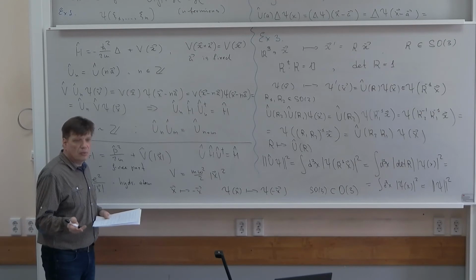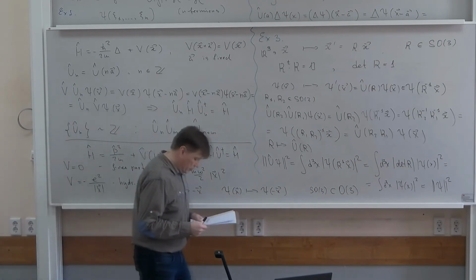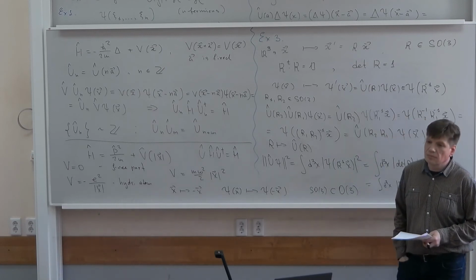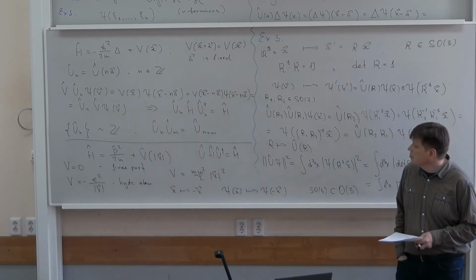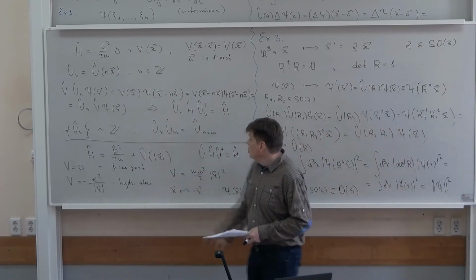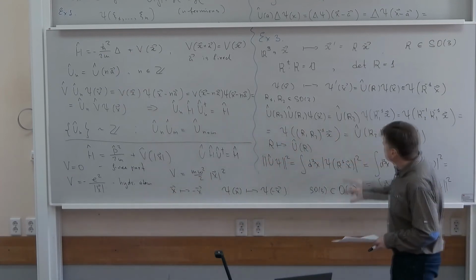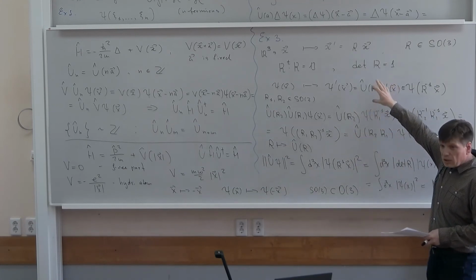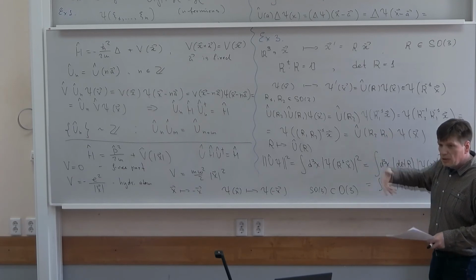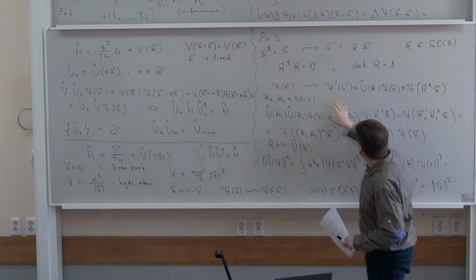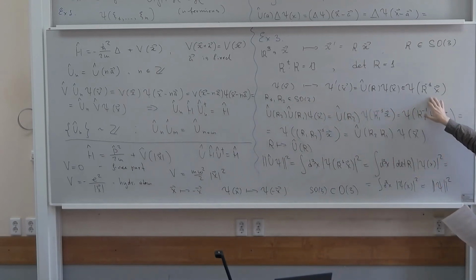Questions? Comments? No? Could you please repeat a little slowly about these examples? Yes. So we see that we have a pretty nice action of the rotation group in the Hilbert space of a particle, which in coordinate representation acts by this rule, right?